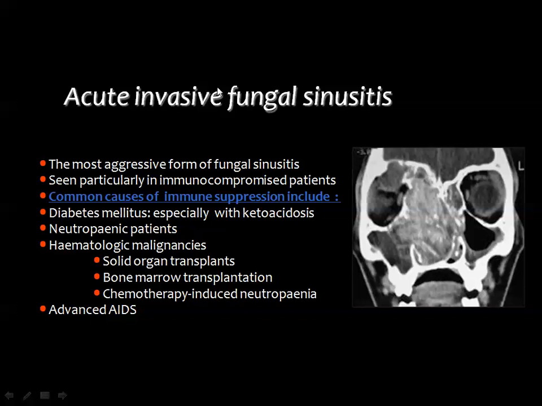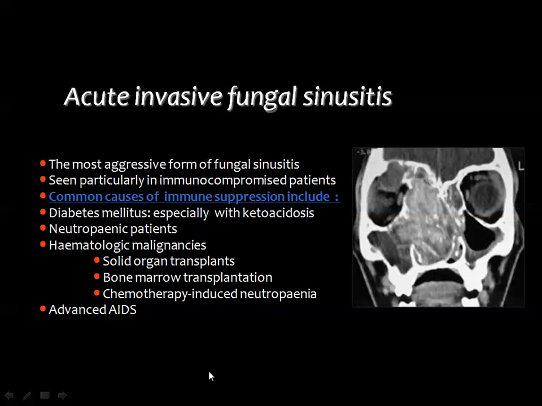Invasive fungal sinusitis is commonly seen in immune compromised patients, like diabetics, especially with ketoacidosis, neutropenic patients with very low white blood count, patients with organ transplant receiving immunosuppressive drugs, bone marrow transplantation, other patients receiving chemotherapy, and of course, patients with AIDS.